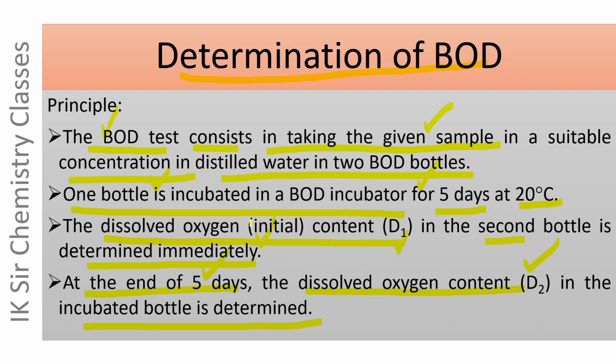In one BOD bottle, the initial dissolved oxygen content D1 is determined immediately, while the other BOD bottle is incubated in a BOD incubator for 5 days at 20 degrees centigrade, and at the end of 5 days the dissolved oxygen content D2 in this bottle is determined.